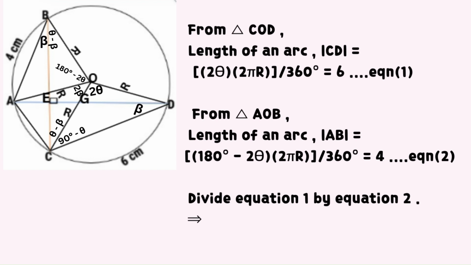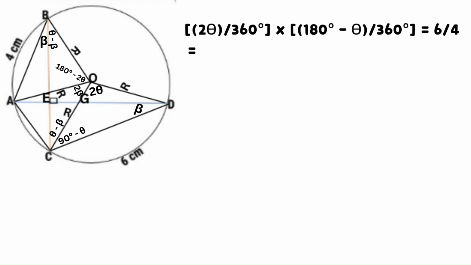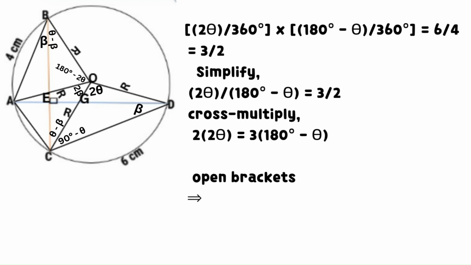Divide equation 1 by equation 2. We have that 2 times theta divided by 360 degrees over (180 degrees minus theta) divided by 360 degrees equals 6 divided by 4, which equals 3 over 2.